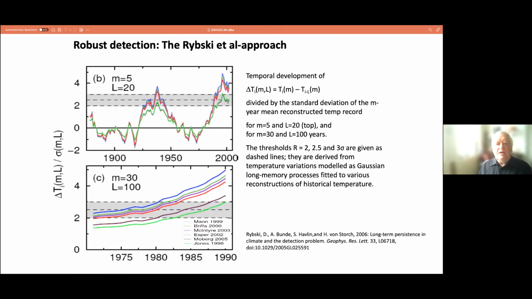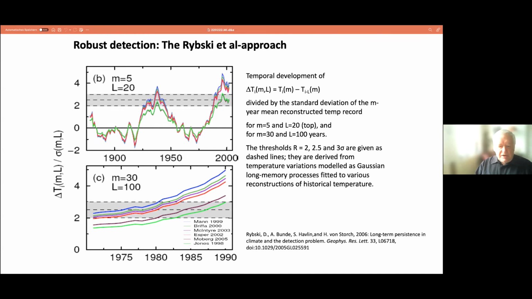Now, if we go after the issue of the global mean temperature, this is an approach suggested by Armin Rhode and his co-workers. And here we see a time series of the temporal development of an M-year mean global mean temperature, centered around a year I. The difference between two of these mean values separated by L years, and the top diagram is 20 years, and the lower one is 100 years.